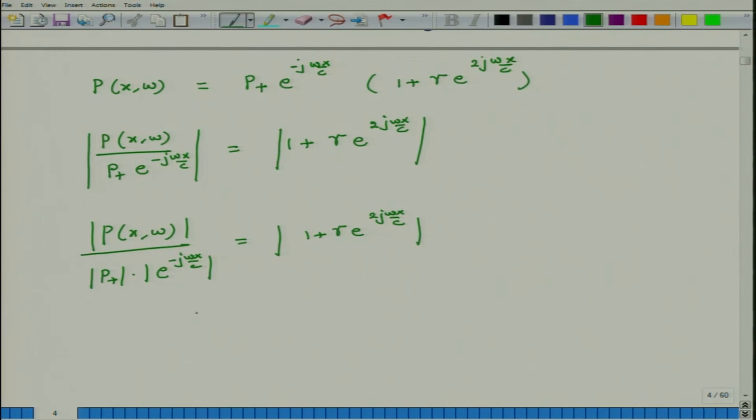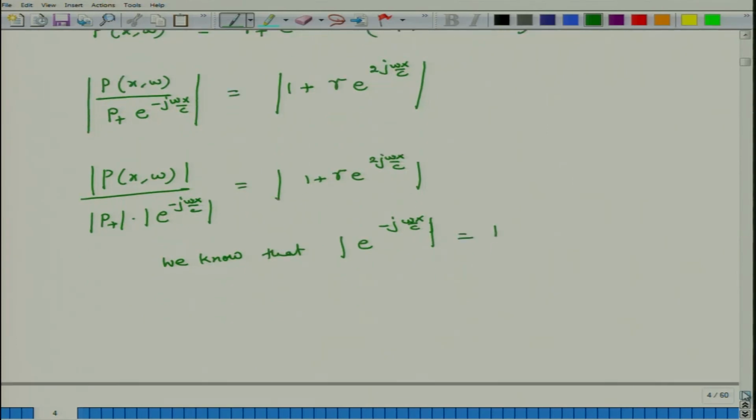Now, we know that the modulus of e to the minus j omega x over c is 1, because when I express e to the power of j times something, there will be a cosine term plus j times a sine term. So, the modulus will always be 1. So, I can say that the modulus of P bar of x omega divided by P plus equals the modulus of 1 plus gamma e to the 2 j omega x over c.